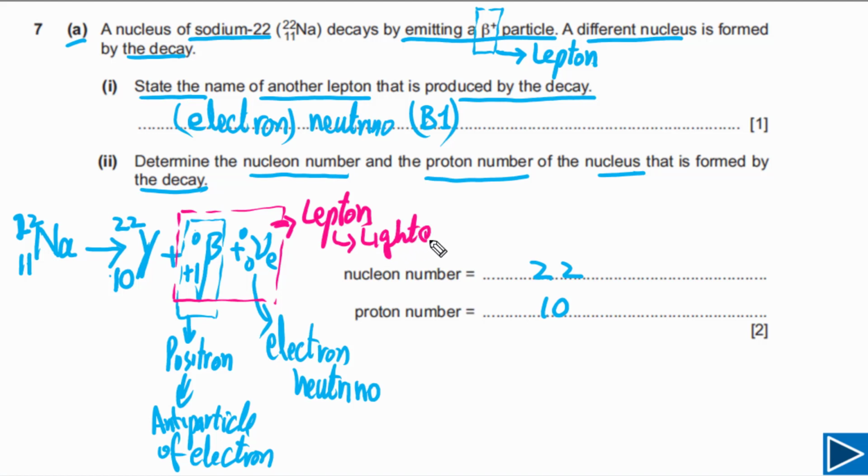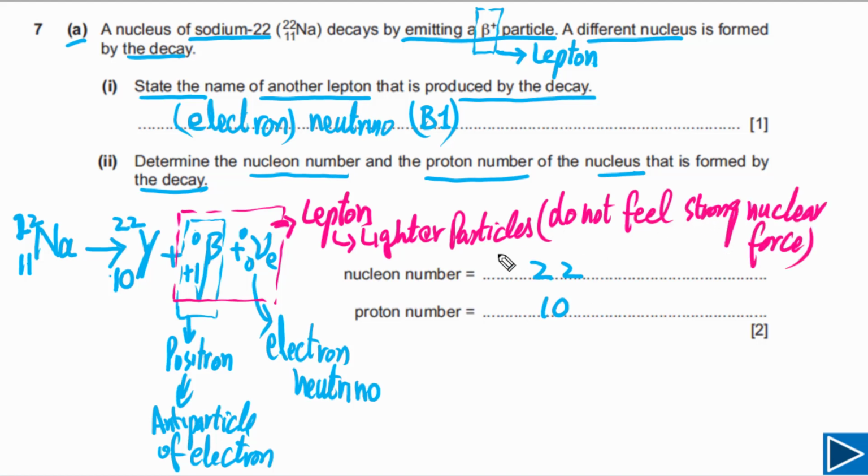So these are lighter particles and they do not interact with the strong nuclear force, or simply we can say they do not feel the strong nuclear force, because leptons are not present in the nucleus. And this question has 2 marks, so these are the answer marks.